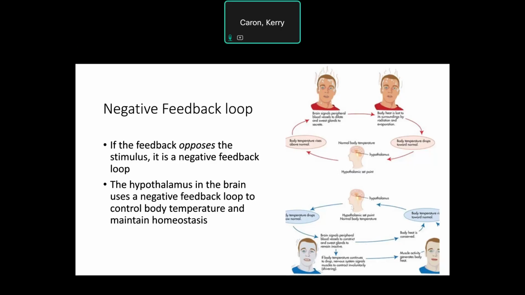Likewise with cold, same idea. If you get too cold, blood vessels constrict, and you may shiver or get goosebumps, and that activates muscle activity, which makes heat, which warms you up. So your body is constantly fighting against too much variation. We don't like too much change.